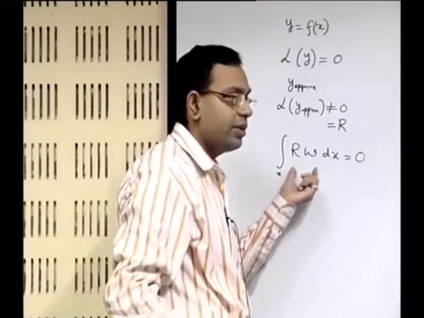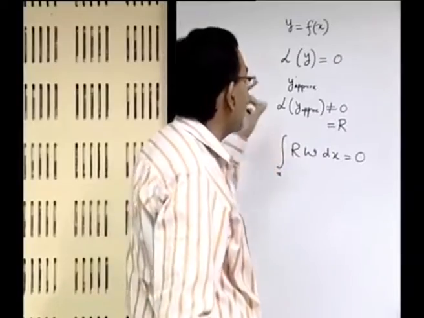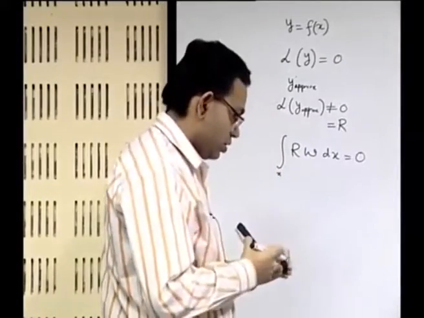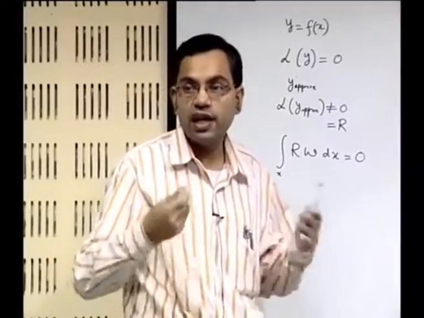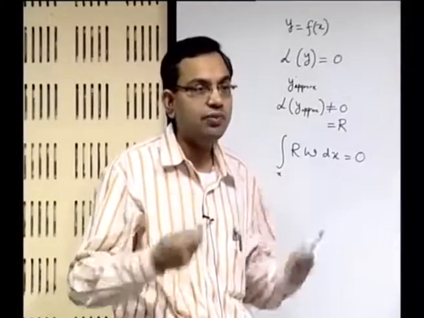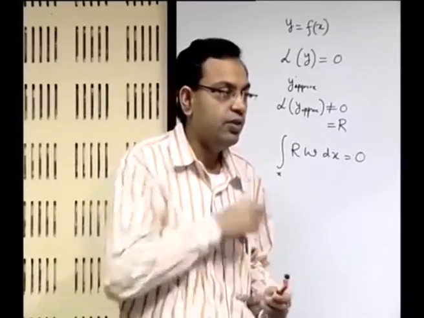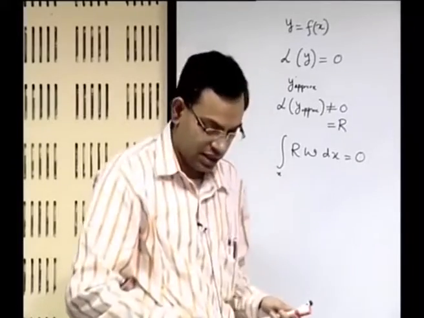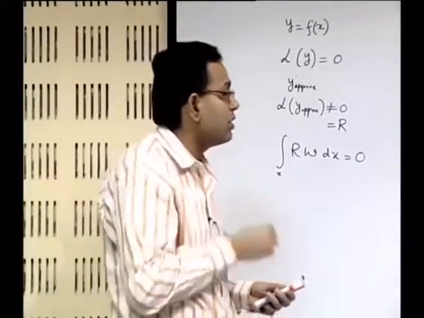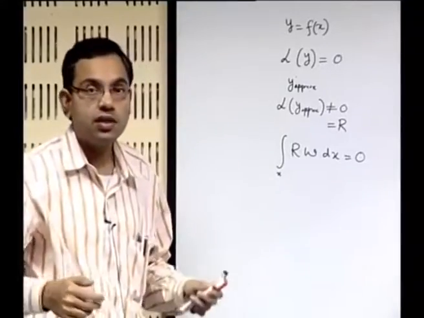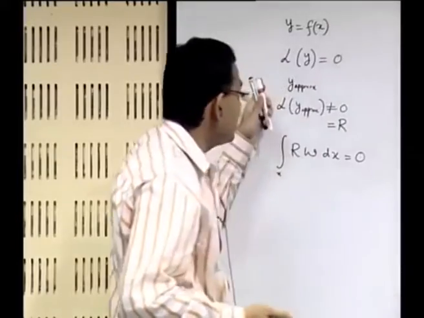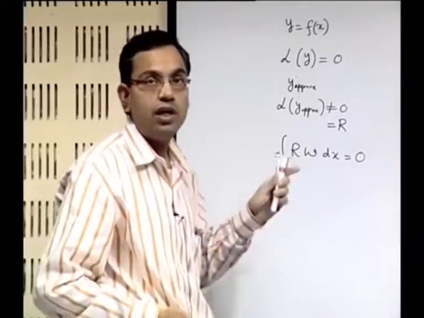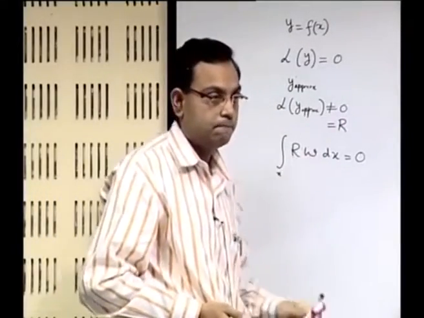Now, the big question remains: what should we take as the approximating function? The approximating function is a trial, it is a guess. So, you are trying with a function and trying to make sure that the function is appropriate in a way that it minimizes the error in a weighted integral sense.